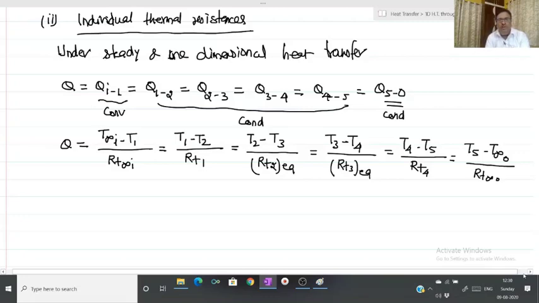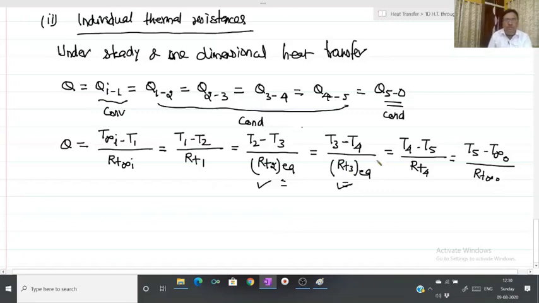So to avoid the complexity, I can write the equation of heat transfer rate in this fashion. It reduces a lot of complexity of writing the heat transfer rate equation for the individual materials of which a particular slab is made up.